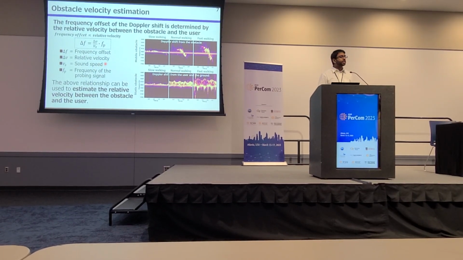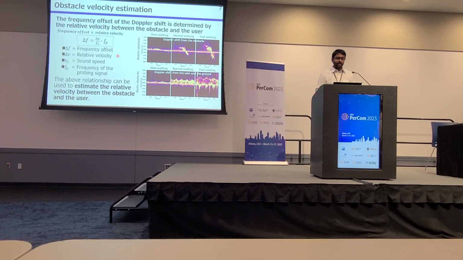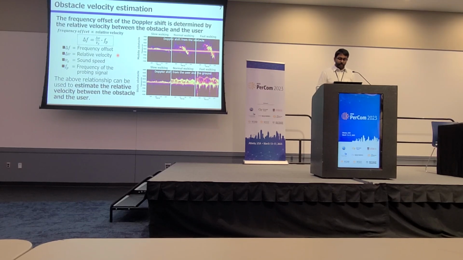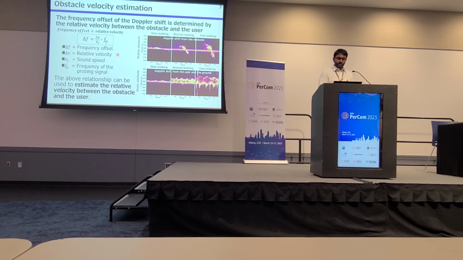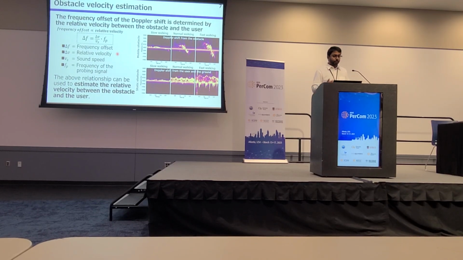And therefore, we can use the relationship of the frequency offset and the relative velocity to estimate the relative velocity of the obstacle. However, as I mentioned earlier, static obstacles do not create characteristic Doppler shift. However, we can still observe the Doppler shifts created by the user's body as well as the ground.